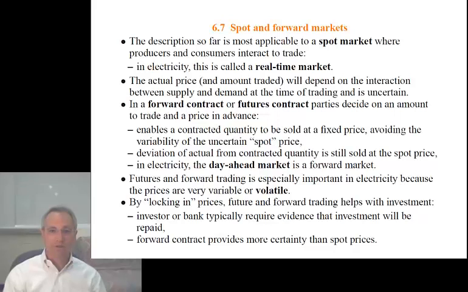In a forward contract or futures contract, the parties decide on a manner of trade in advance, a quantity and a price that enables them to commit to a contracted quantity at a fixed price, which avoids the variability of the uncertain spot price for that quantity. And the deviation of the actual from the contracted quantity is still sold at the spot price.